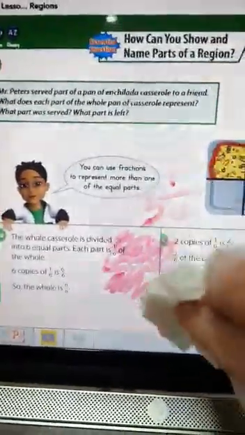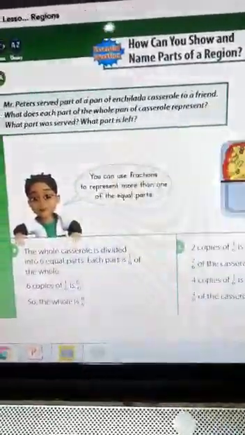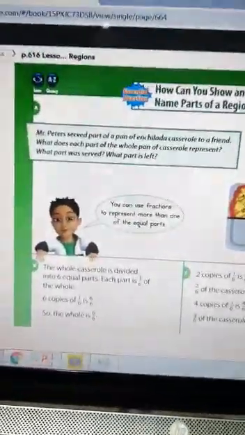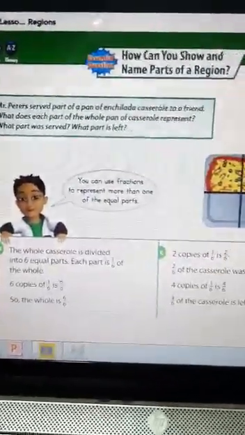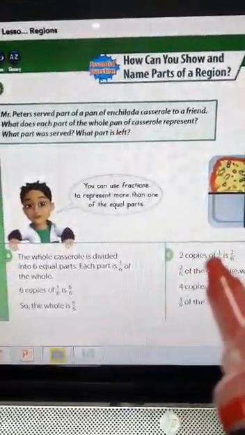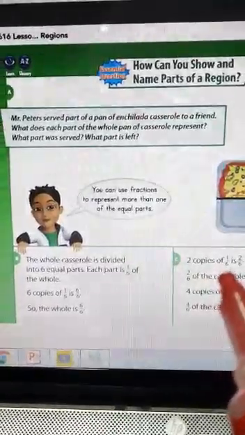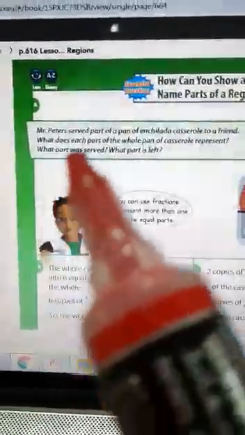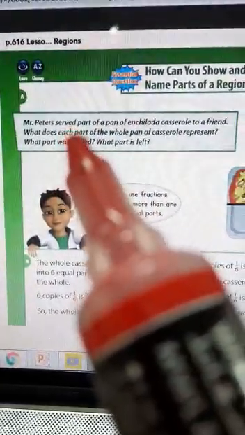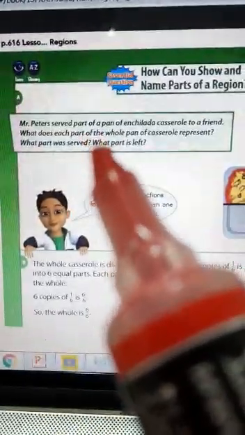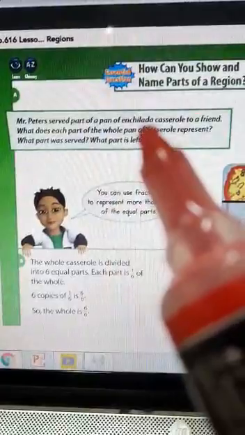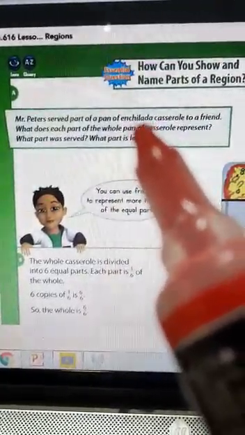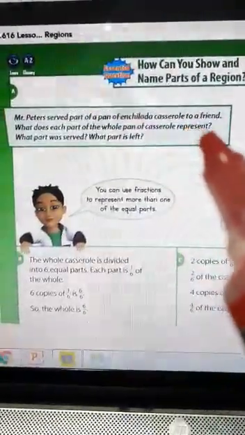Now, let's move to the next page, which is page 616. I will erase this. Now, in this page, they are still talking about how you can show and name parts of a region in a fraction. You are going to make fractions also. Here they said Mr. Peters served part of a pan of enchilada casserole to a friend.